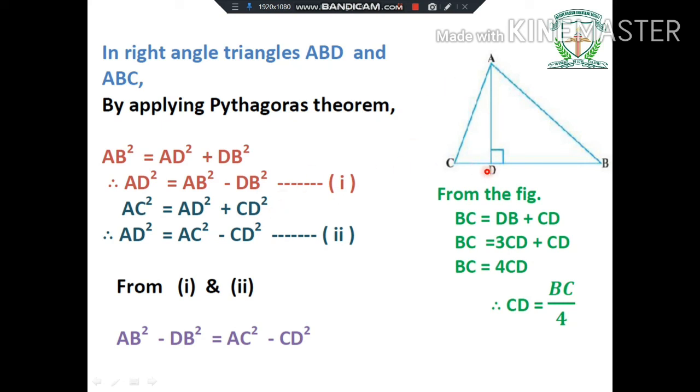Keep AD on the left hand side: AD square is equal to AC square minus CD square. There are two equations, equation number 1 and equation number 2. In both the equations, left hand sides are equal, AD square. So therefore, right hand side also equal: AB square minus DB square is equal to AC square minus CD square.